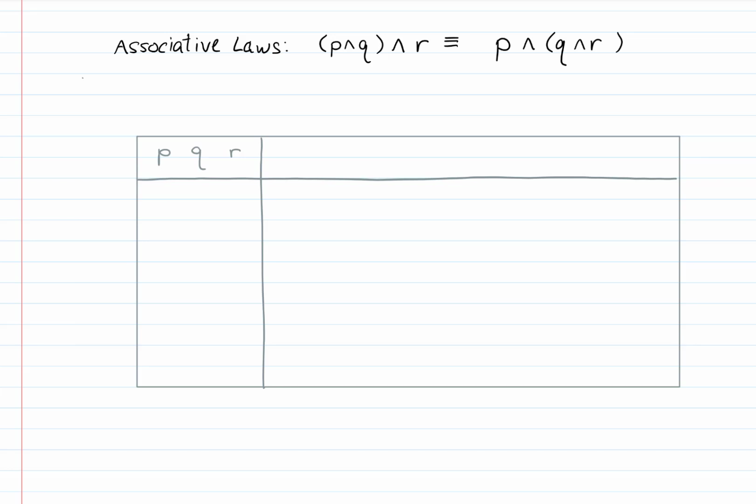Okay, so there's a possibility of all 3 true, or P true, Q true, but R false, or there's P true, Q false, R true, P true, Q false, R false, P false, Q true, R true, P false, Q true, R false, P false, Q false, R true, and all 3 false.